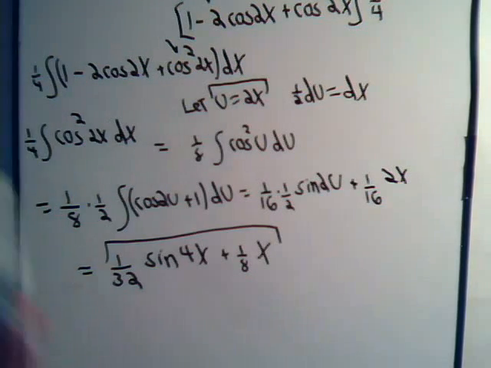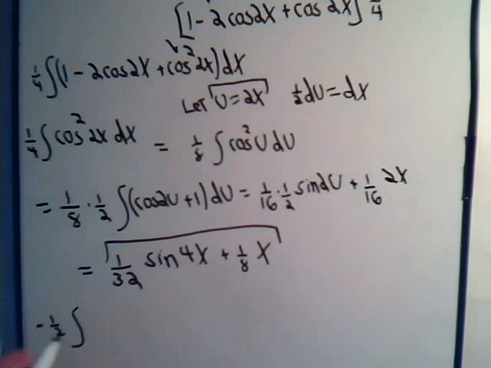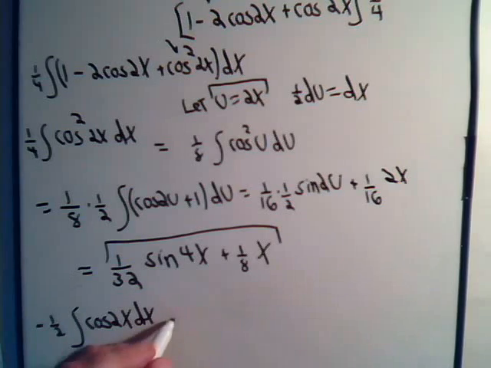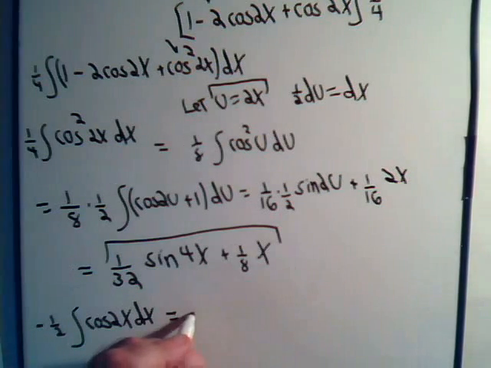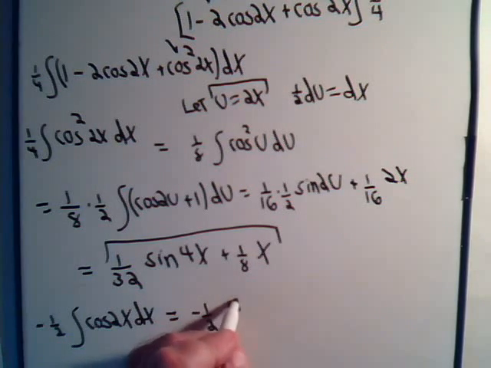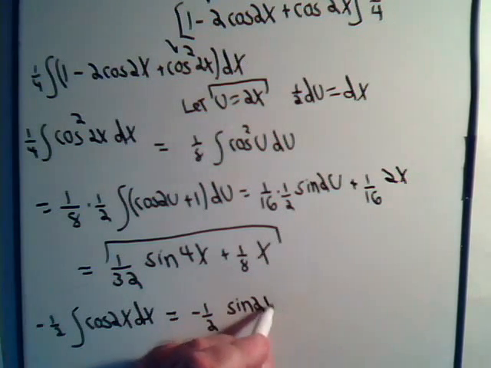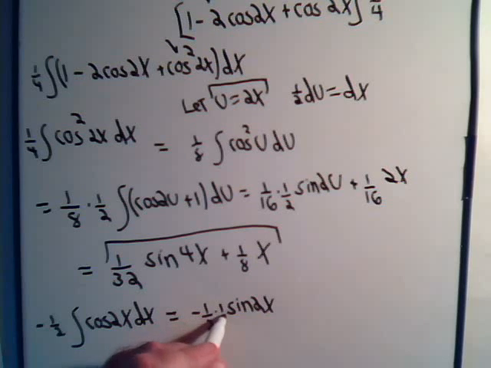The 2 forces 1/2, so that will be minus 1/2 the integral of cosine of 2x dx. And we know what that's going to be, because we have minus 1/2, and that's going to be the sine of 2x divided by 2.